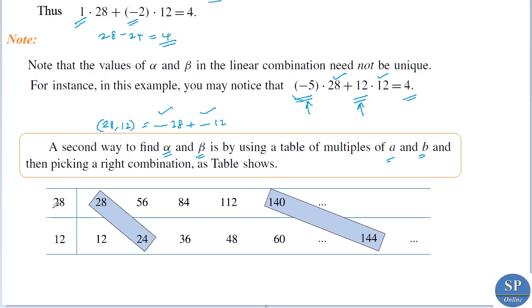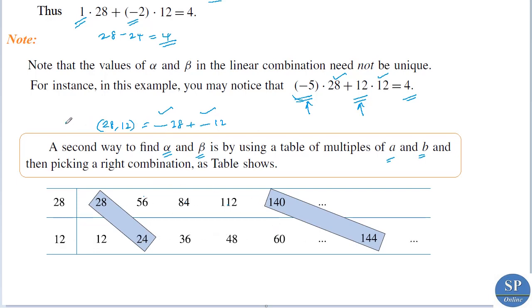First we create a table of multiples of 28 and 12. Here we have 28 into 1, 28 into 2, 28 into 3, 28 into 4, etc. And the multiples of 12 are 12, 24, 36, 48, etc.